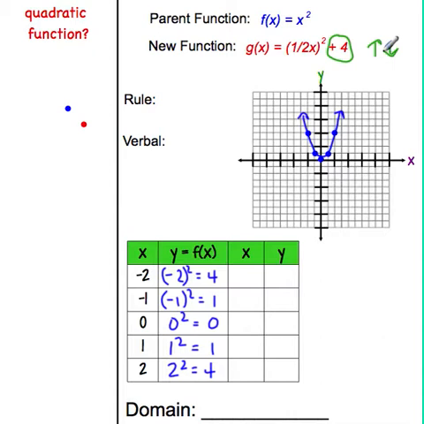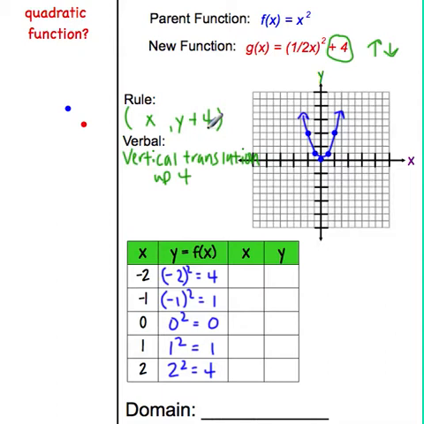So I'm going to go ahead and put in my verbal description that we have a vertical translation up 4 units. So if we start out writing our rule, we'll have our x and we have our y, and y is going to be up 4.